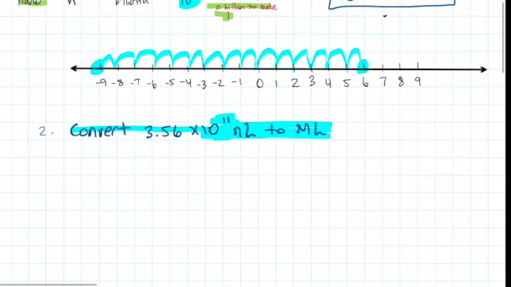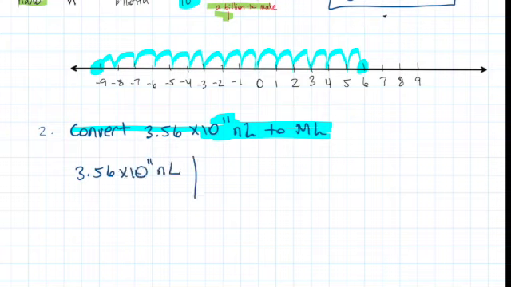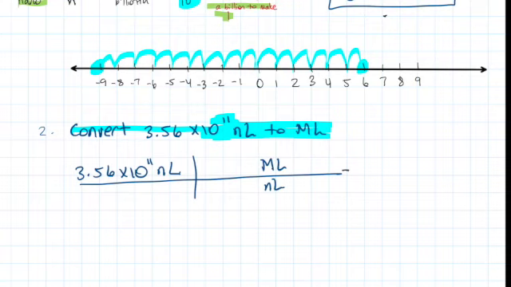So let's put down our given. 3.56 times 10 to the 11th nanoliters. And let's go from nanoliters to megaliters. Remember, here's my conversion factor. The big one gets the 1. We just worked out that there are 10 to the 15th of these.